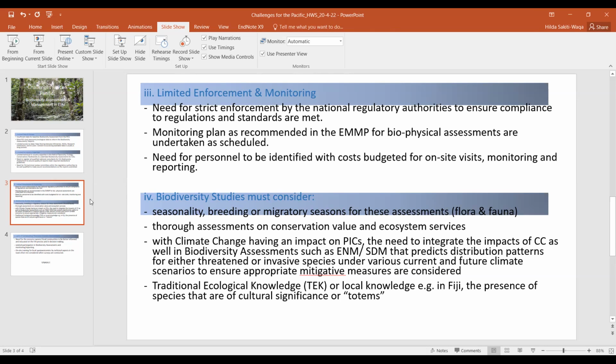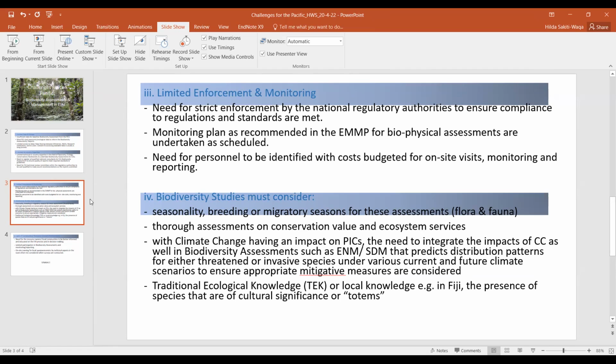The fourth category, what the biodiversity study must consider. And in most assessments, these studies have not been factored in. First is seasonality and breeding of migratory seasons for assessments of both flora and fauna. There's also need in biodiversity assessments for thorough assessments on conservation value of the area.